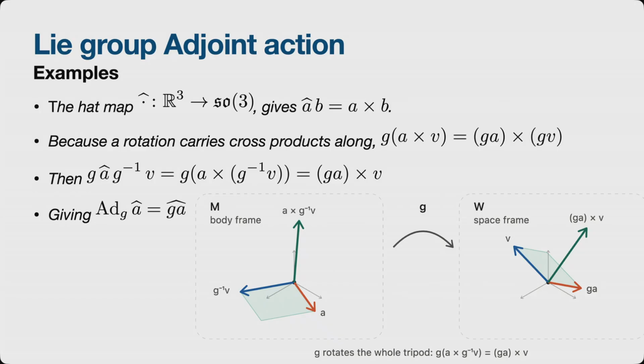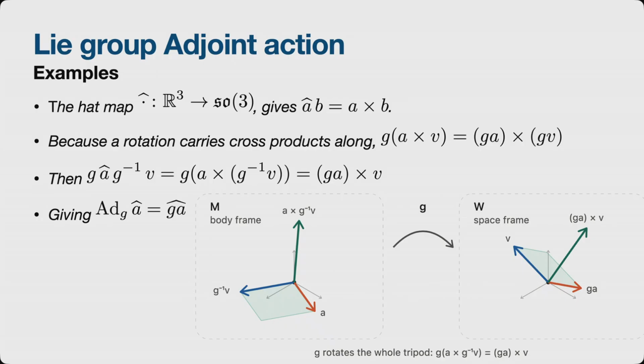So A hat is basically a matrix, and matrices can be applied on vectors, which is the same as a cross product between the two vectors. That identity is what we need. And we can also note one more thing: rotation spreads over cross products, so that's GA cross GV.